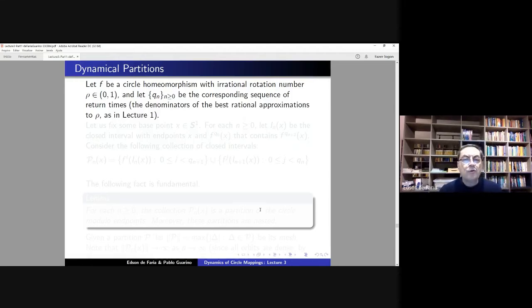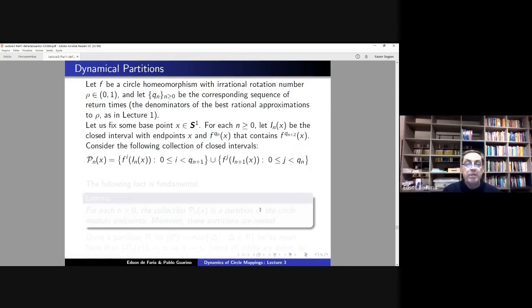So when you have a circle homeomorphism with rational rotation number, and you look at this sequence of return times, you can look at any point x, and you can think of the interval I sub n of x, which is a closed interval that has endpoints x and f^{q_n} of x, okay? Of course, these two points determine two arcs on the circle, right? Which arc am I talking about? I'm talking about the one that contains f^{q_{n+2}} of x, okay?